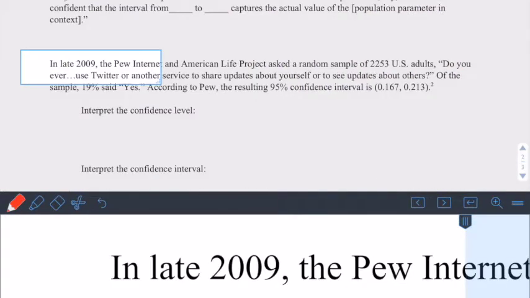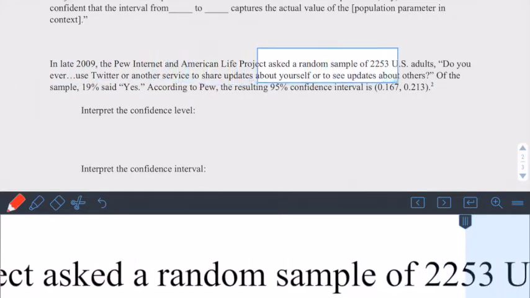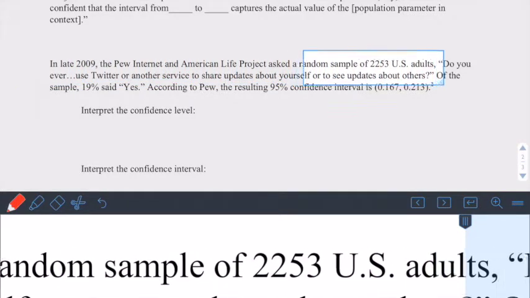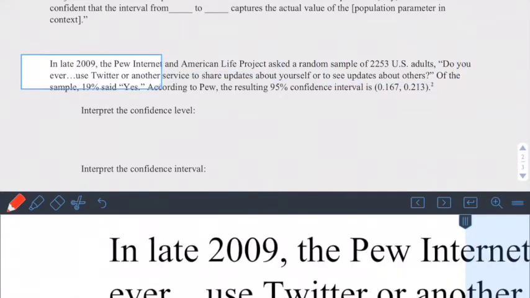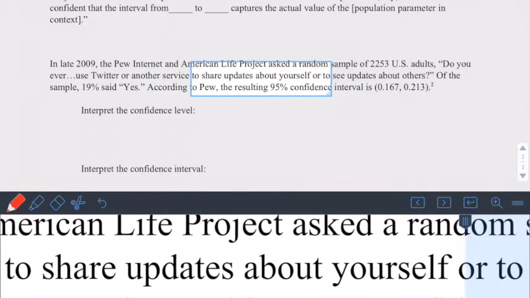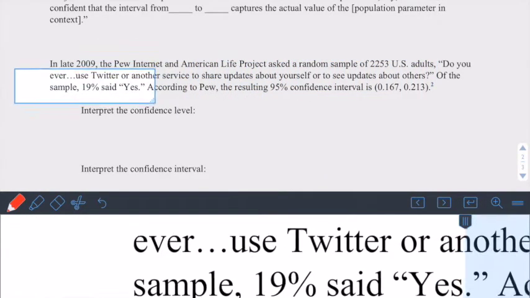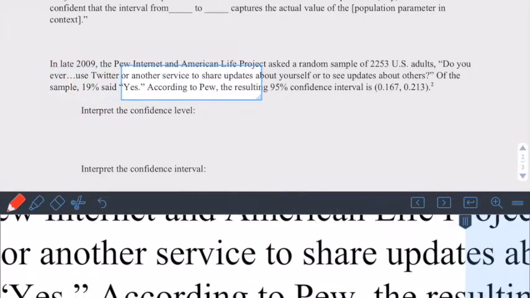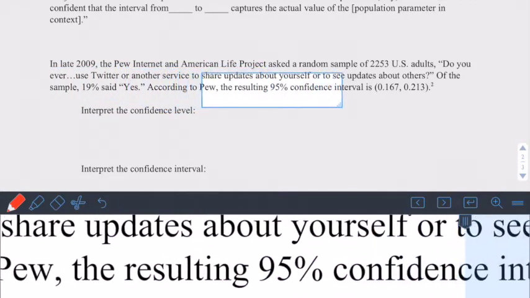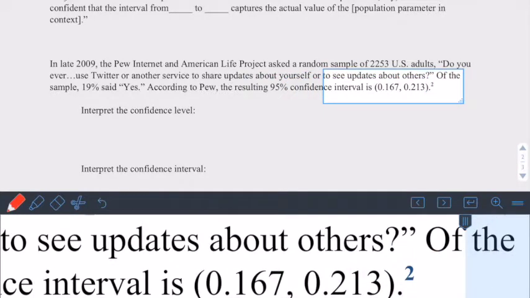In late 2009, the Pew Internet and American Life Project asked a random sample of 2,253 U.S. adults, do you ever use Twitter or another service to share updates about yourself or to see updates about others? Of the sample, 19% said yes. According to Pew, the resulting 95% confidence interval is 0.167 to 0.213.